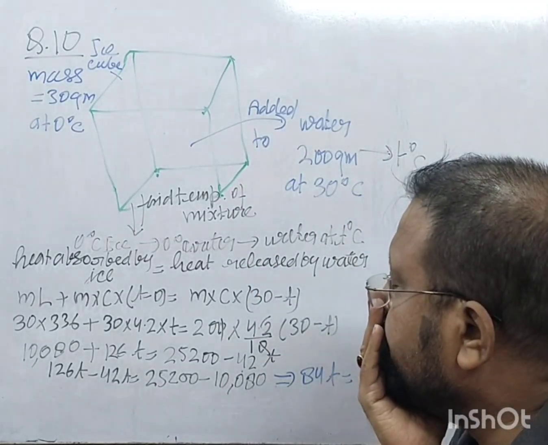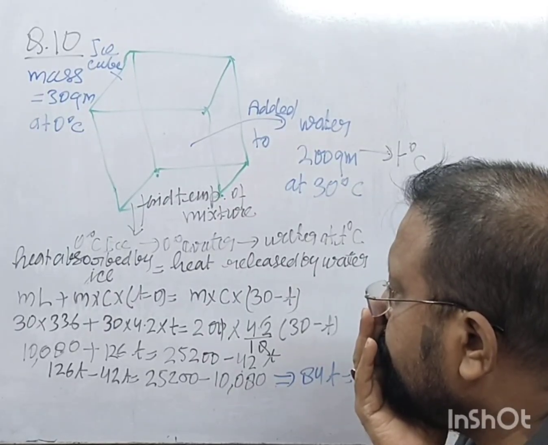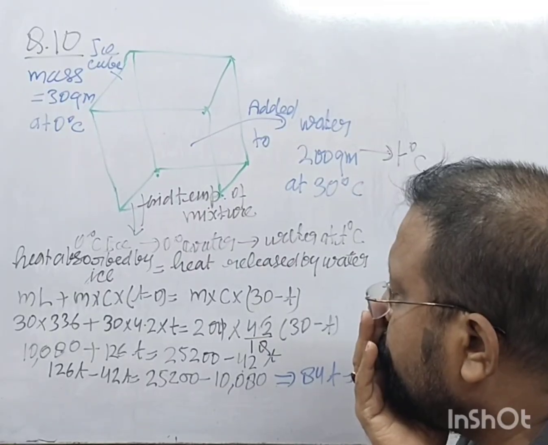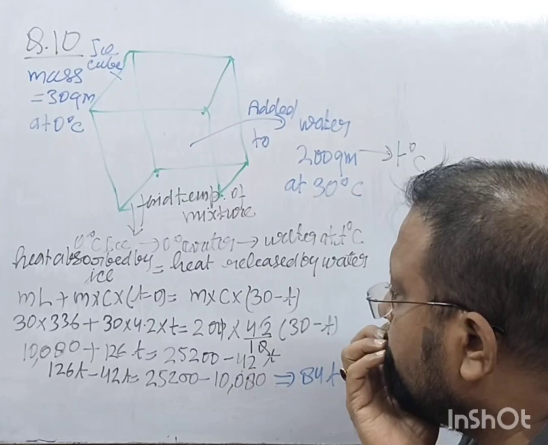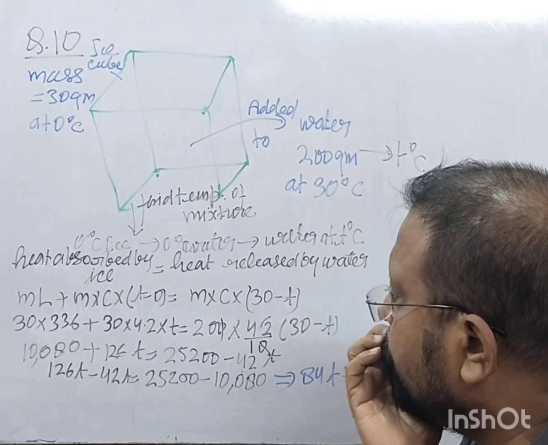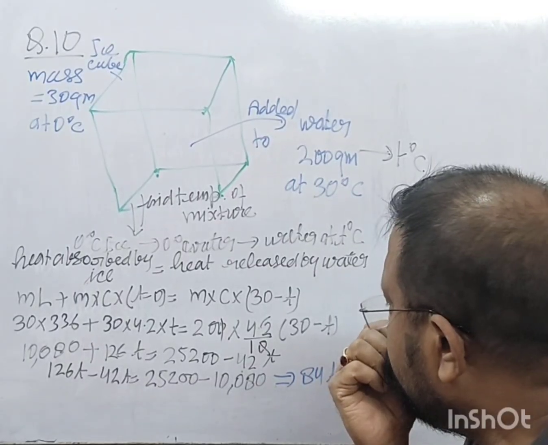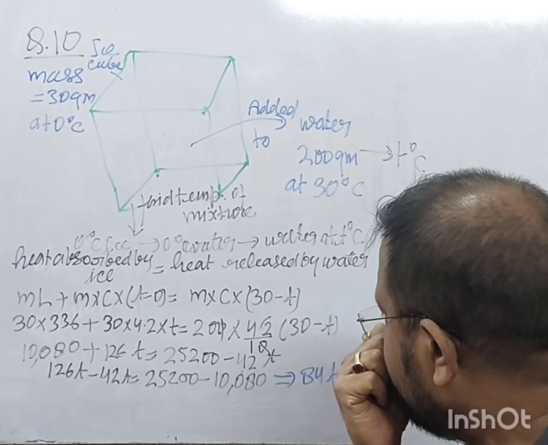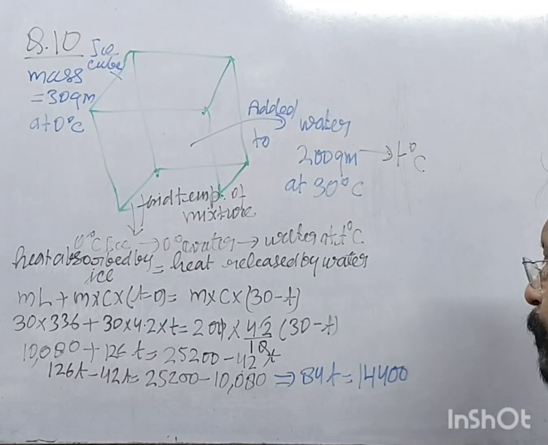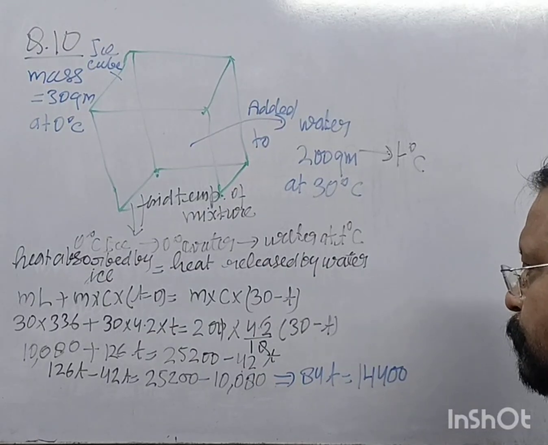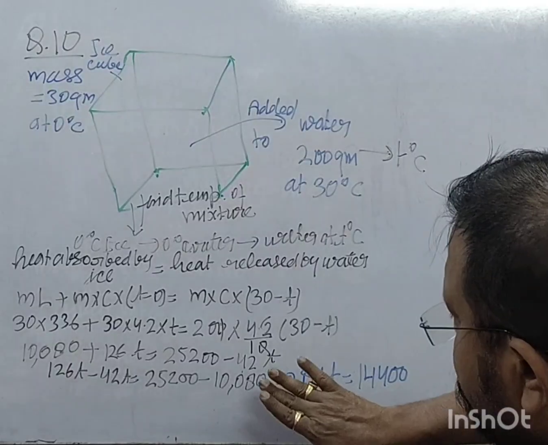Actually, 336 joule, 4.2 into T, mass is 200 gram, 4.2. Oh, I made a silly mistake.